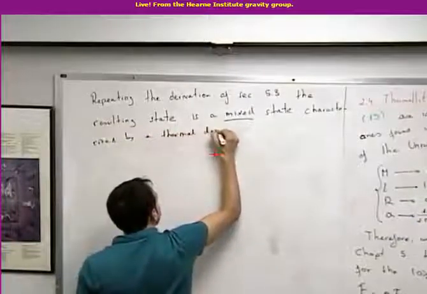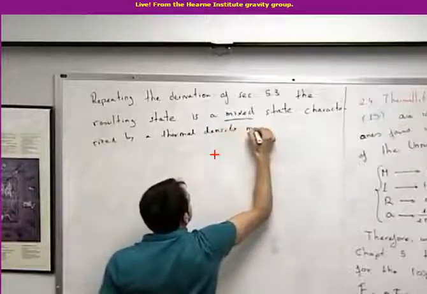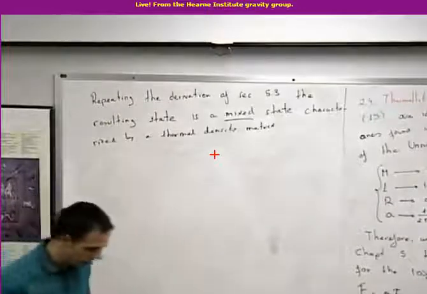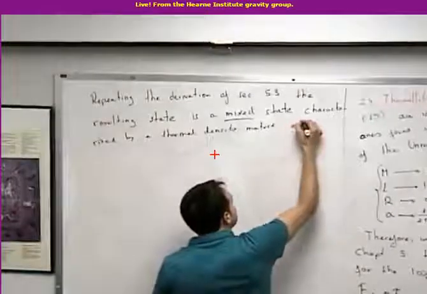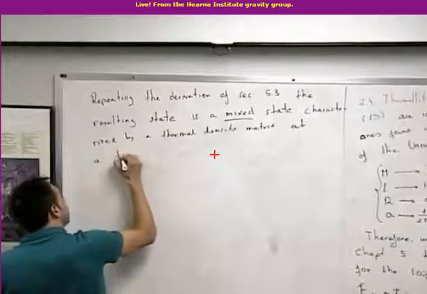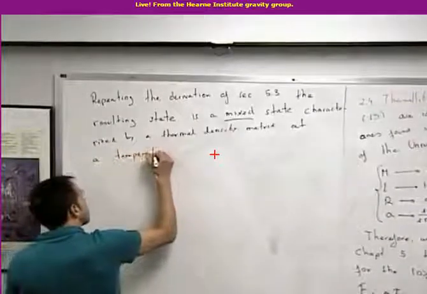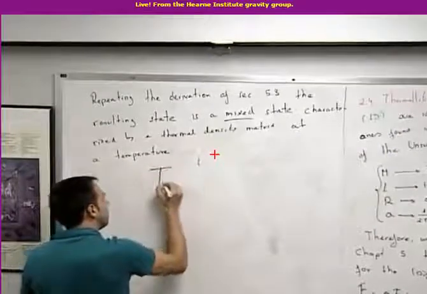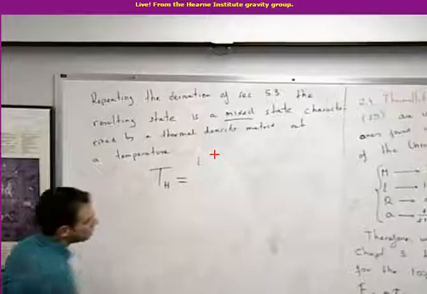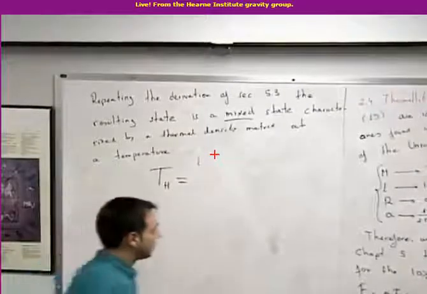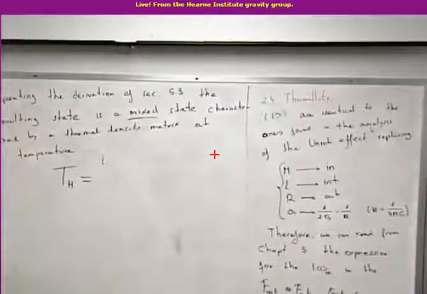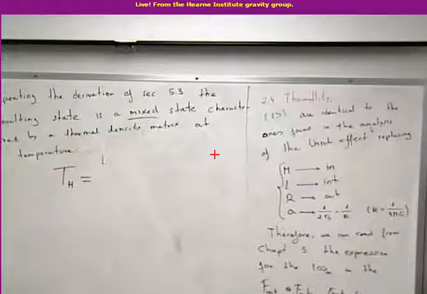I won't do the derivation in detail because it just copies what we did in chapter 3. At a temperature I call Hawking temperature, and it's going to be the same temperature as that we obtained in the Unruh effect, just replacing a by 1 over the surface gravity of the black hole.